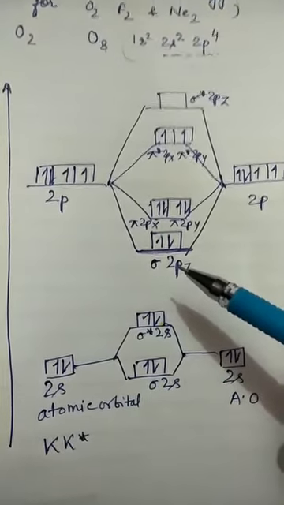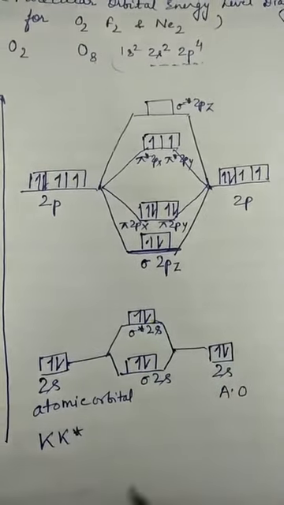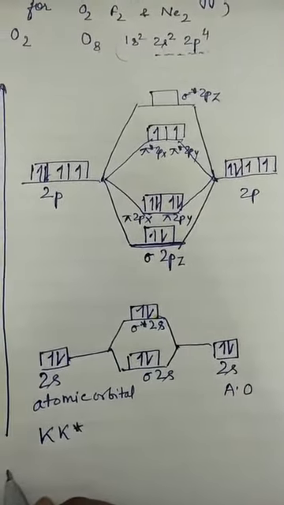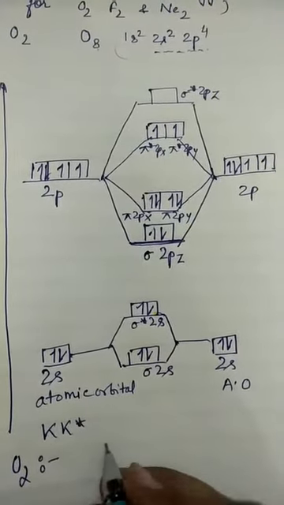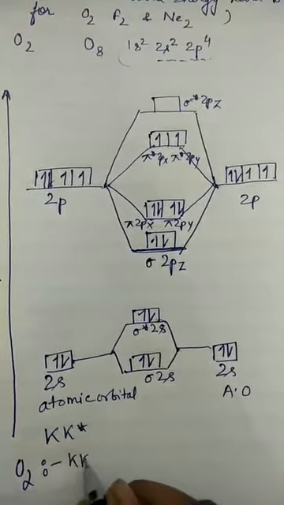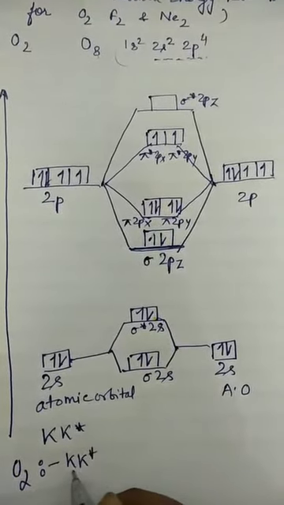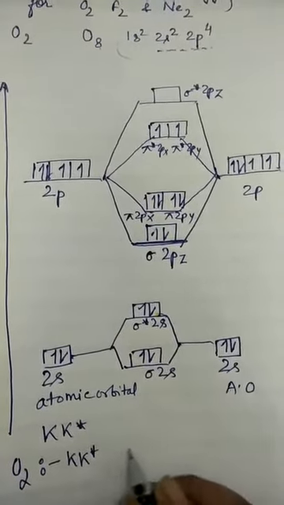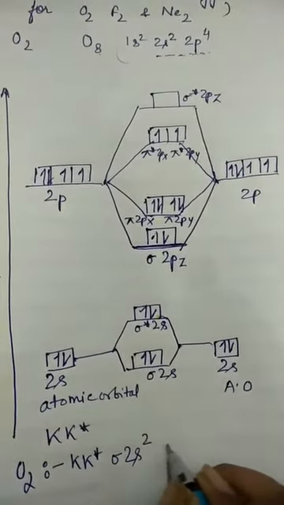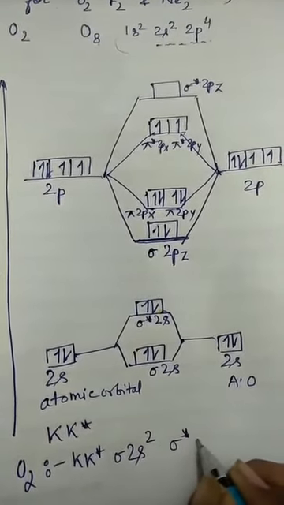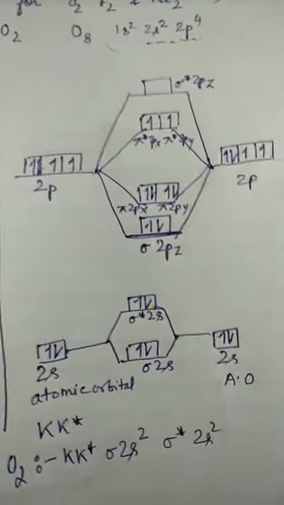Now students, we will just write down the electronic configuration here. The electronic configuration for the oxygen molecule will be K K star for the first shell. Then we will write sigma 2s2, sigma star 2s2.